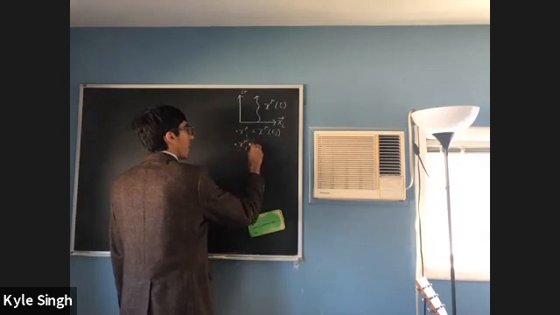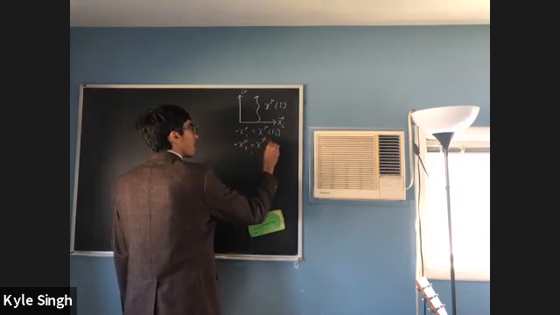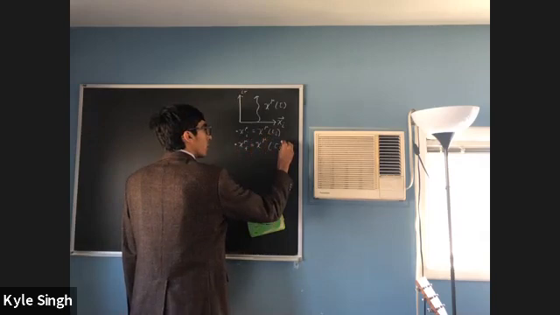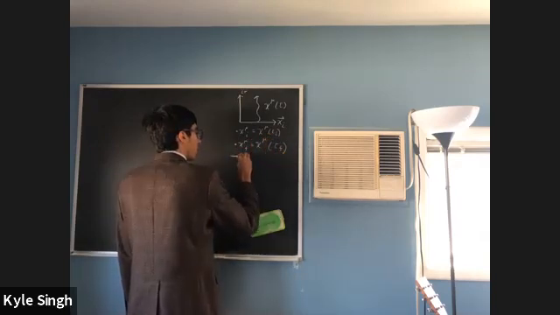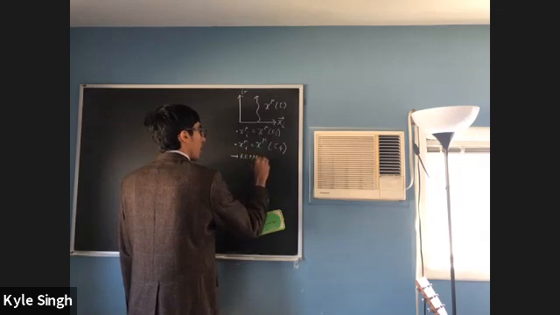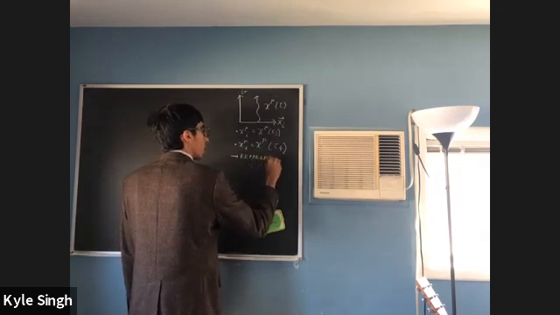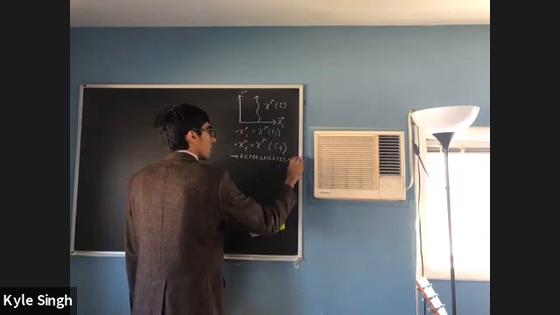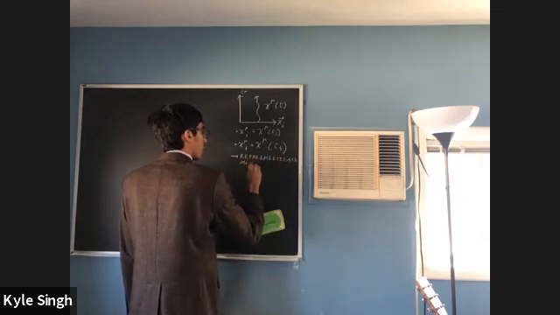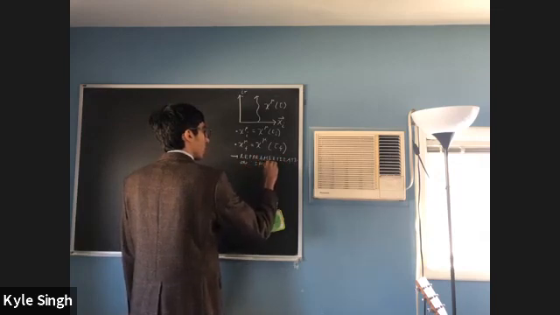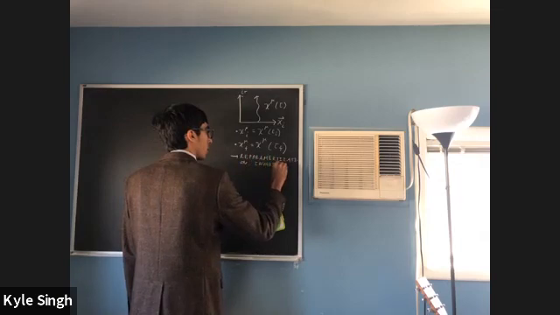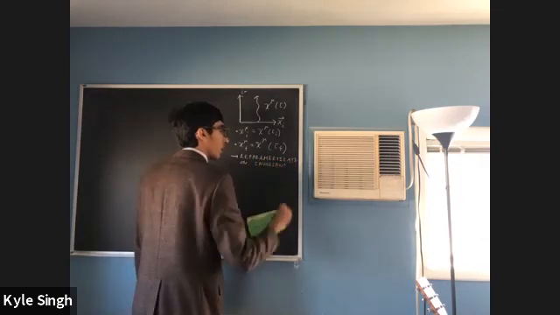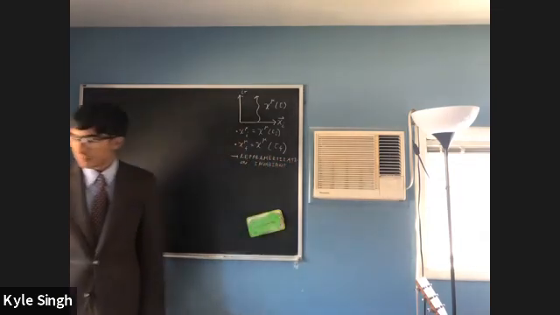And x mu f equals x mu of tau f. Right? Reparameterization invariant.